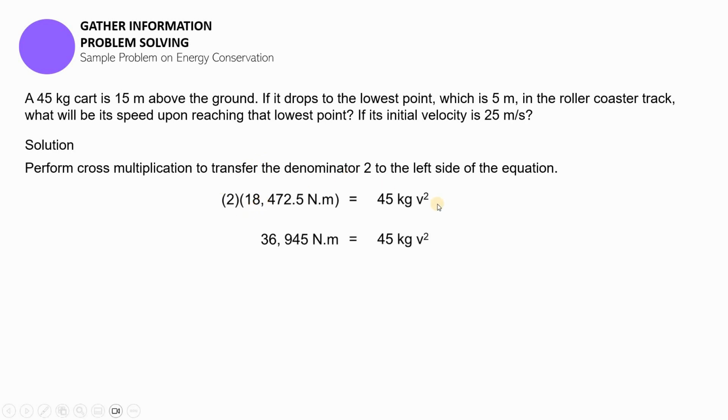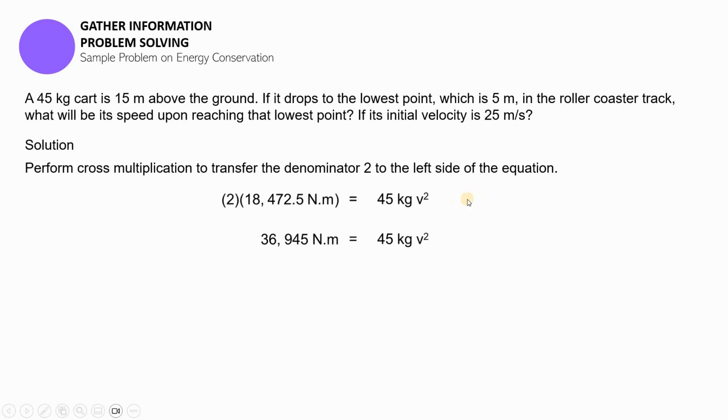In this case, what we did was multiply 2 on both sides of the equation. If you multiply 2 by 45 kilograms VF squared divided by 2, you're basically canceling them.